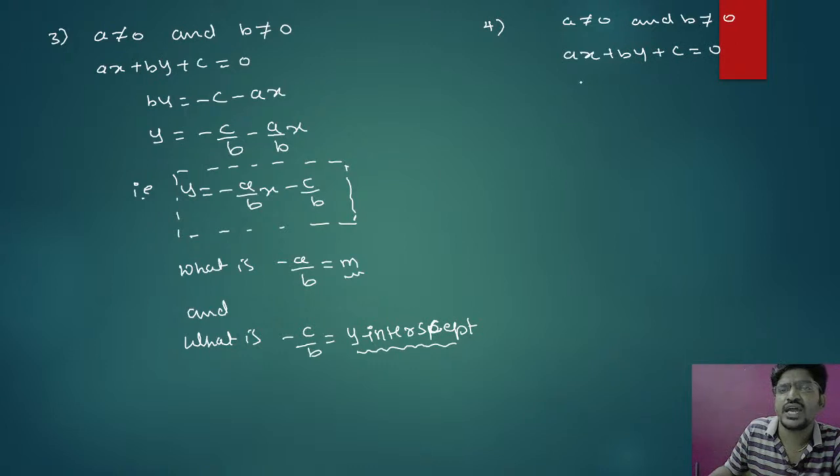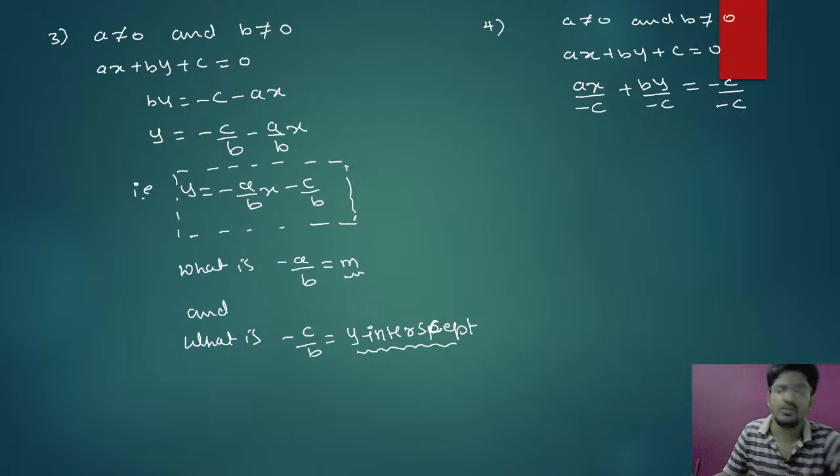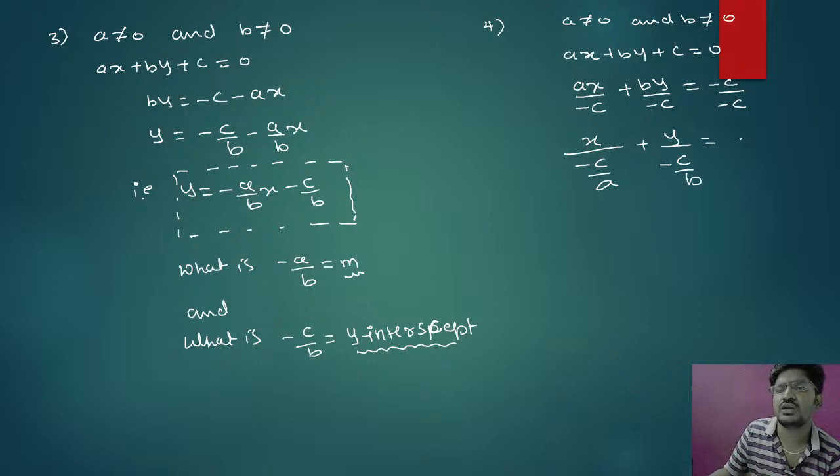This can be written as AX divided by minus C plus BY divided by minus C equal to minus C divided by minus C. So that will be X divided by minus C by A plus Y divided by minus C by B equal to 1.